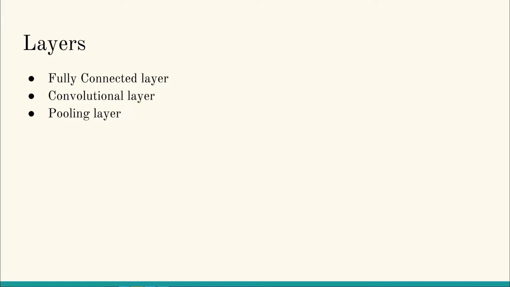The convolutional layer and the pooling layer are only applied on images, and maybe music recognizers and specific functions, but I have only seen applications in images. So let's start.